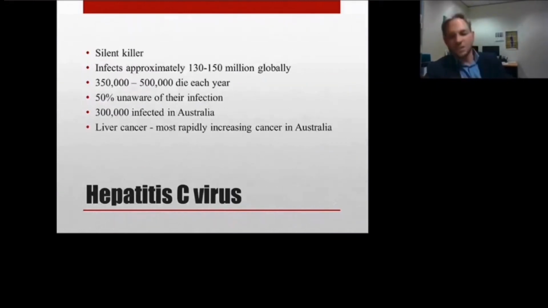All right, which brings us to an elimination target, not an eradication target. No one's really talking about hepatitis C being gone from the world for all time in all people, but there is definitely talk about elimination as a public health problem.